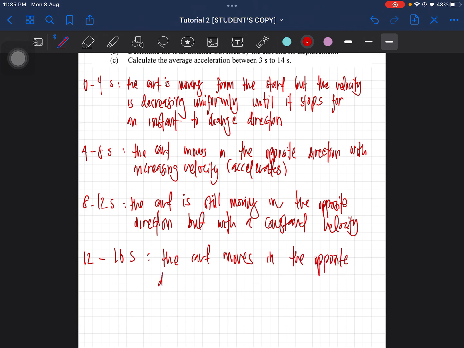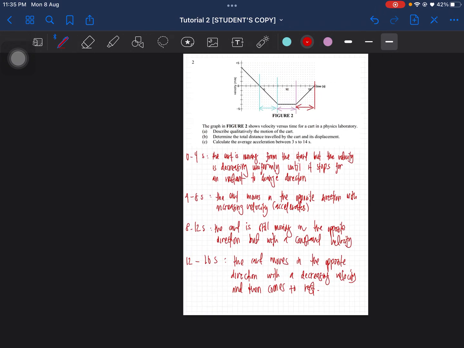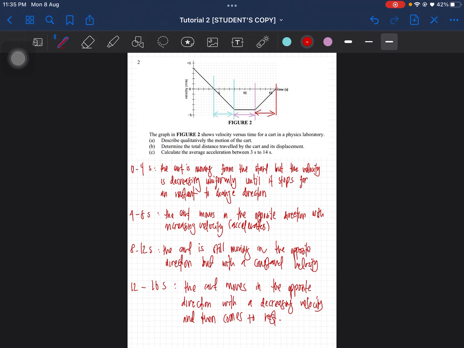The cart moves in the opposite direction with a decreasing velocity and then comes to rest. At a certain point it stops. So that is how you describe qualitatively the motion of the cart.